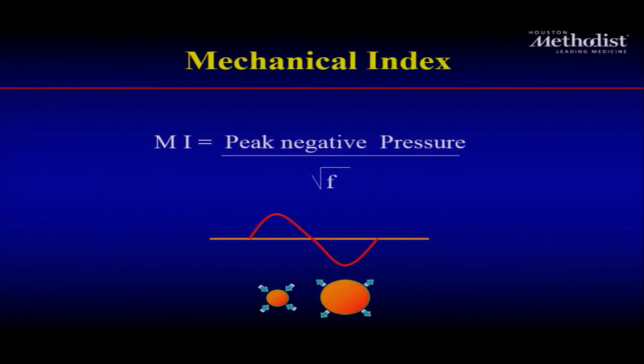And what's the mechanical index? I think that's important when we talk about contrast down the line. It's peak negative pressure divided by the frequency that you send. So when you look at bubbles, which are much more fragile, at a higher mechanical index you basically destroy these bubbles by expanding them too much during the negative phase of this little pulse wave that you're sending.